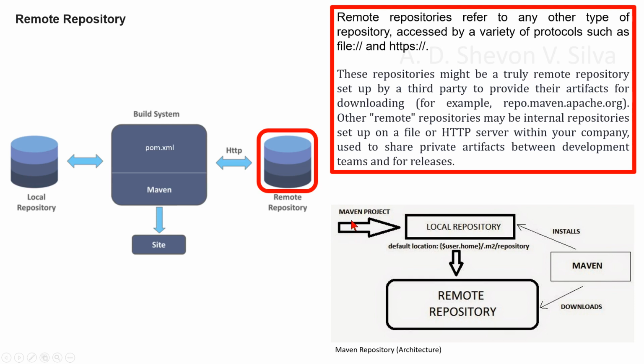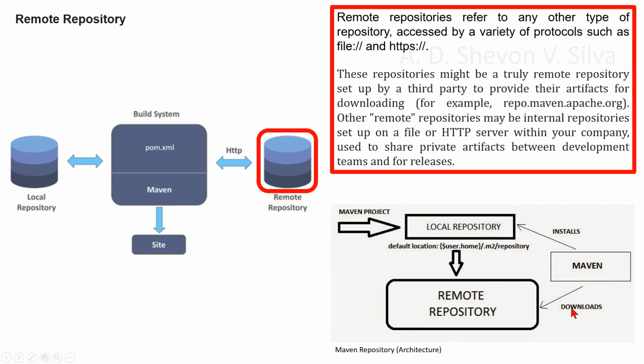Here the Maven project is connected to the local repository, a default location $user.home/.m2/repository, and the local repository is connected to the remote repository here, and Maven is connected to the remote repository and local repository.